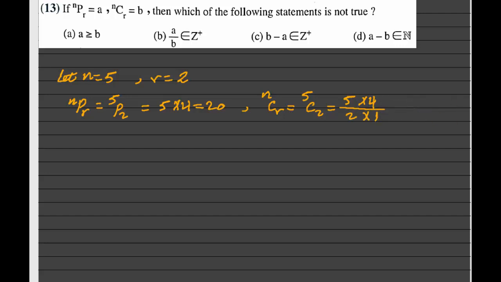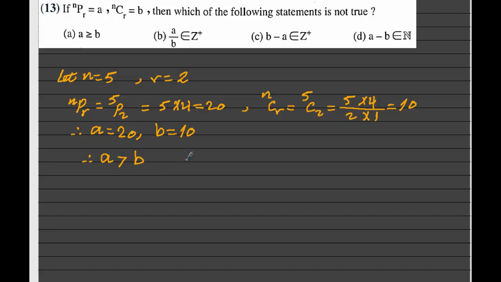And here the result equals 20 divide 2 equals 10. So A equals 20 and B equals 10. Now you can say that A is greater than B.